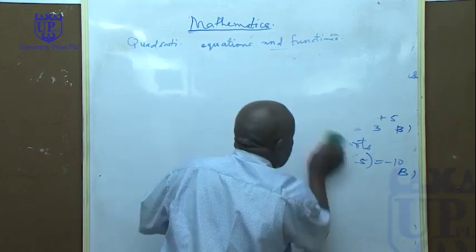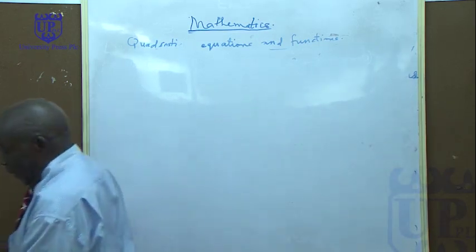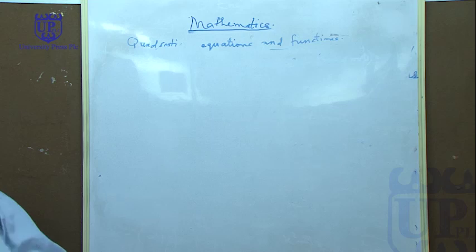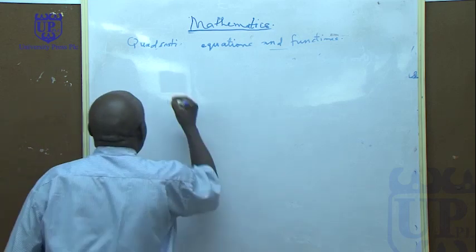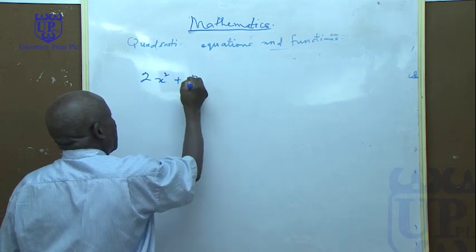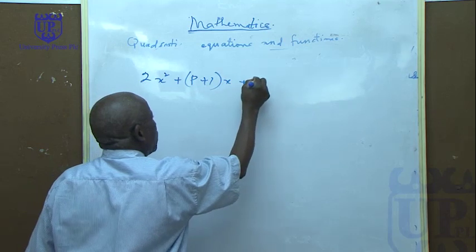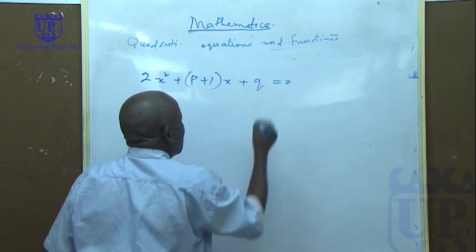We are given the roots. I just want to look at it because I don't want to waste your time. 2x squared plus (p plus 1)x plus q equals 0. It's a past question.